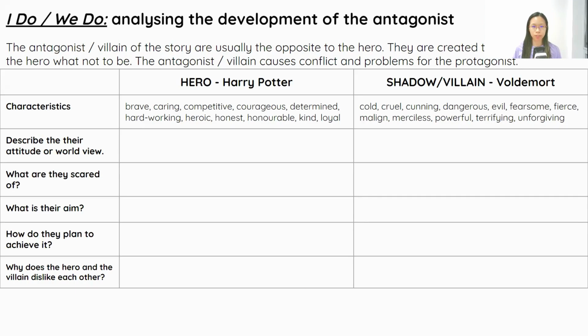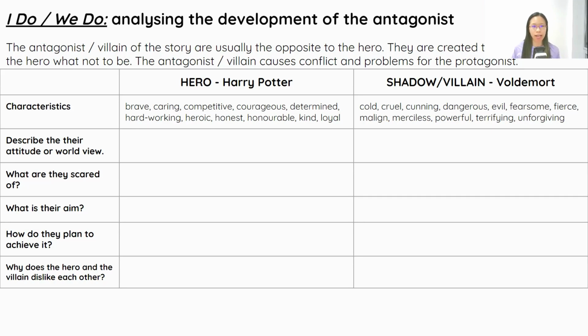Now we're going to use an example. We are going to use Harry Potter as our hero, and our villain, antagonist or shadow character is going to be Voldemort from the Harry Potter book series, namely the Philosopher's Stone or the Sorcerer's Stone. You can see here that I've put in the characteristics for both our protagonist and our antagonist.